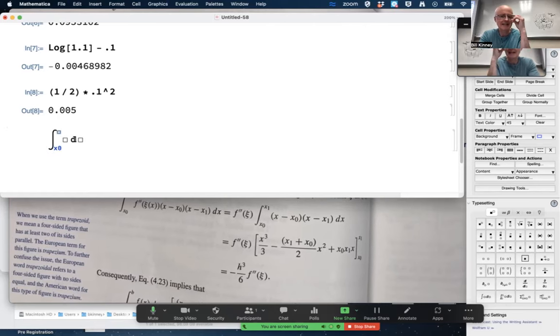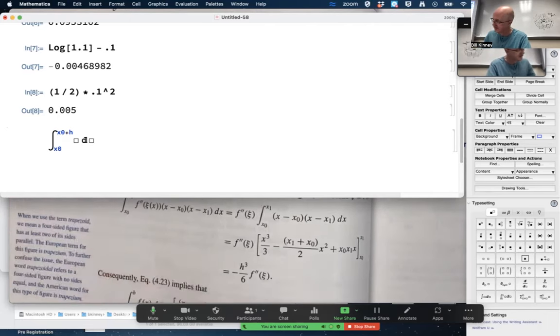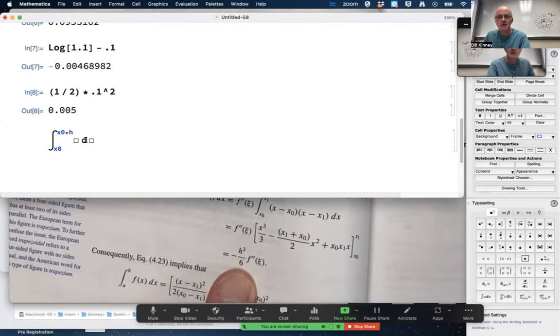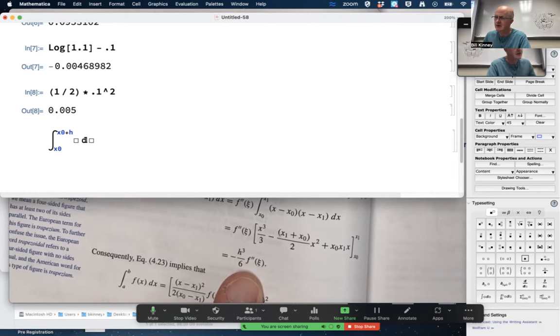Instead of typing an x1 for the upper limit of the integral, I'm going to type x0 plus h, where h is x1 minus x0. You can see the final answer involves an h, but the final answer doesn't involve x0, so I'm ultimately going to have to get rid of the x0 somehow.